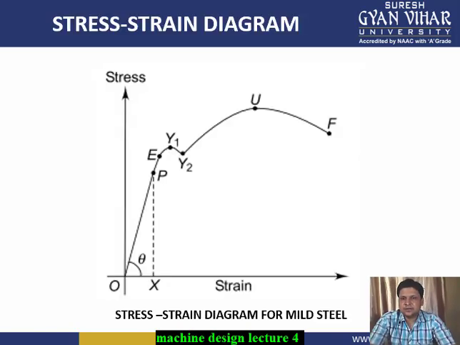The stress strain diagram. Basically, what is stress? Whenever you apply a load on a body, the body offers some resistance against that load. That particular resistance is known as stress. Basically, this is the definition of stress. The load can be of any type: tensile, compressive or shear load.